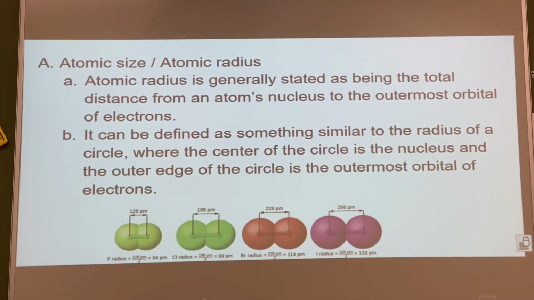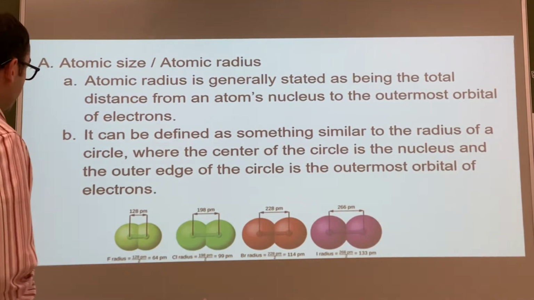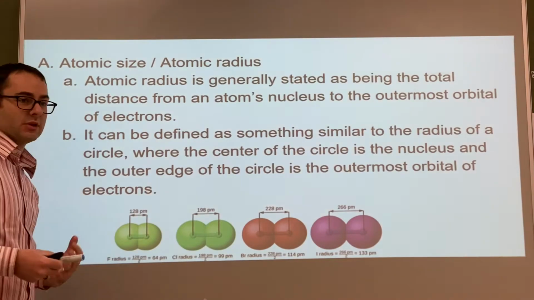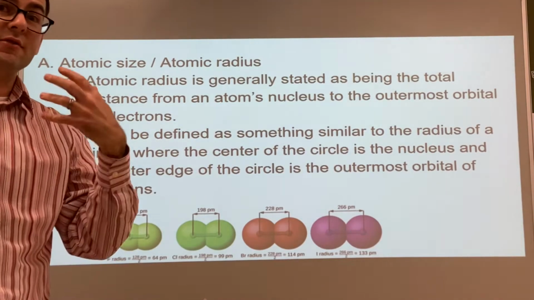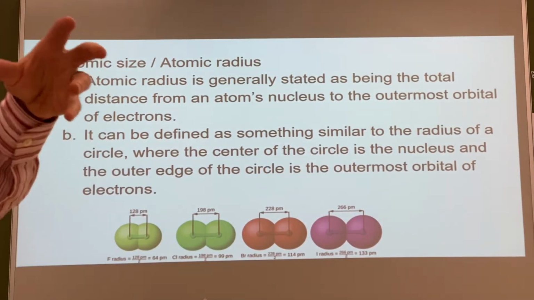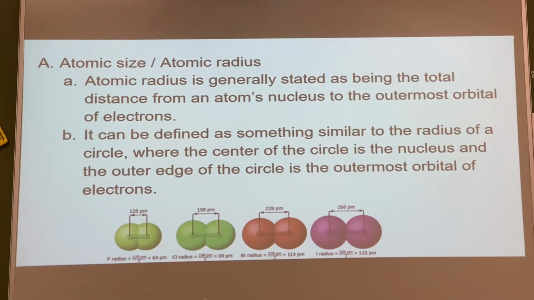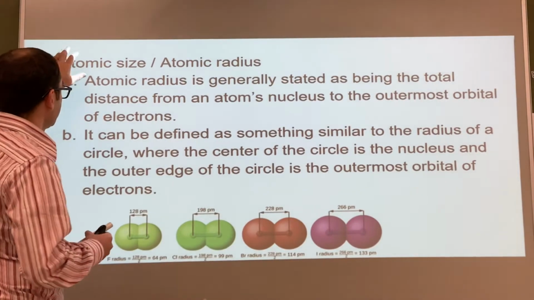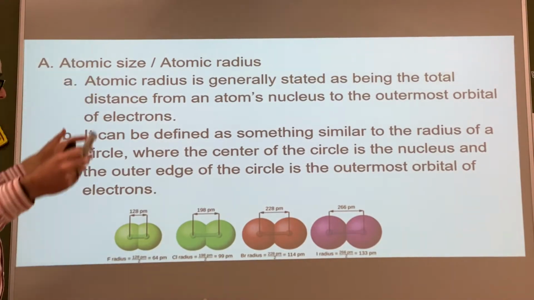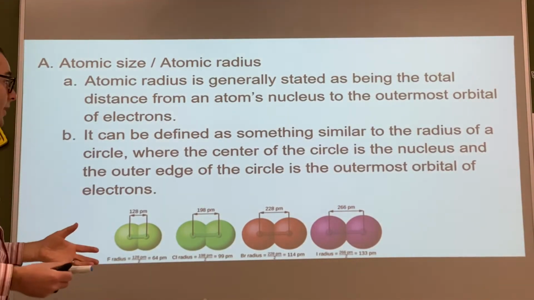All right. So atomic size is the first thing we're going to talk about, and atomic size is basically just the size of your atom, and it includes the electrons. The electrons spinning around take up space. The nucleus doesn't take up much space, right? Because it's really tiny, but that's where most of the mass is. But if we're talking about the size of an atom, most of it is where the electrons are moving around, okay?